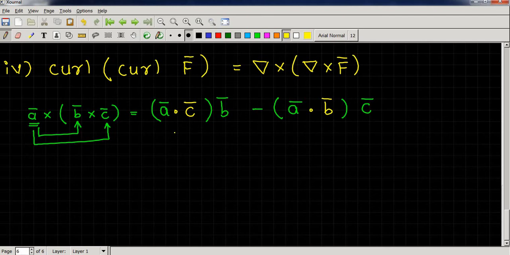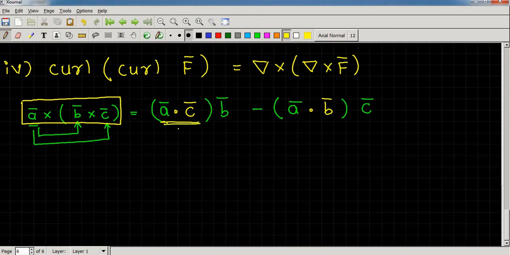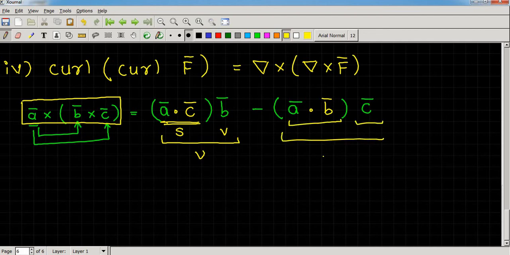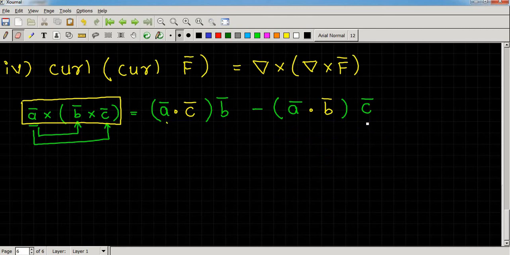We take dot in between them because the resultant value is a vector quantity. Scalar into vector is vector, and addition or subtraction of two vectors is always vector. So that's why this will be the required result.